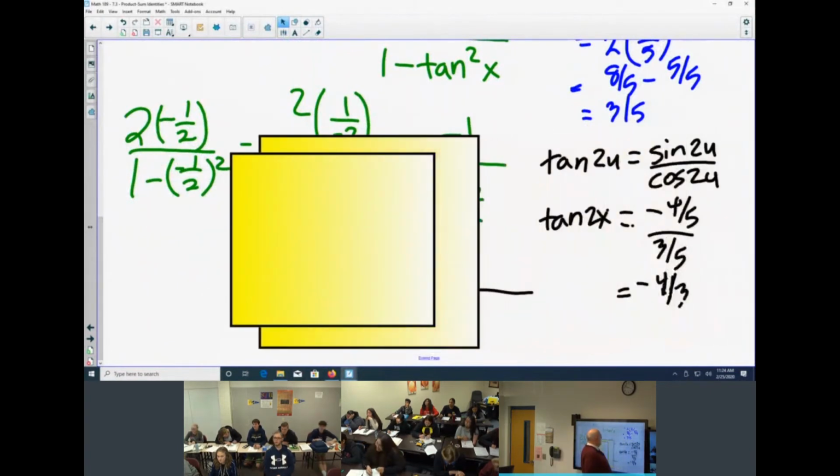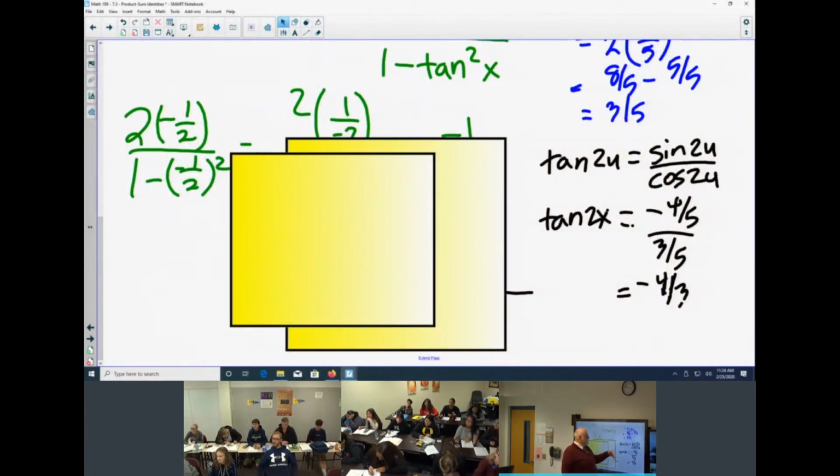So if we do it by the sine over the cosine, for the sine of 2u, we got -4/5. For the cosine of 2u, we got 3/5. So the 5s are going to cancel, so -4/3 is correct. Okay, great job. Any questions on that? All right.